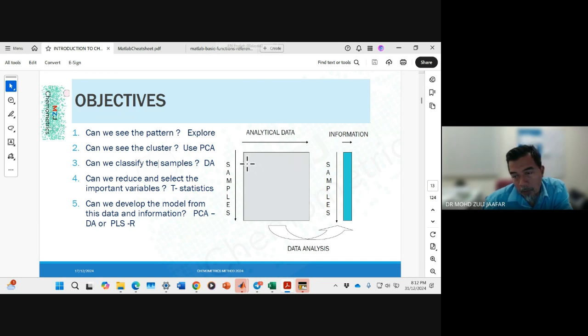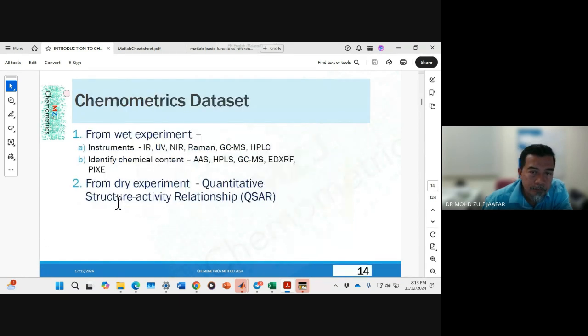Or maybe the concentration of metal in soil, and you have the category of soil. Maybe the soil is good, is higher in pH, for example. So can you relate the analytical data with the information you have in your laboratory, for example?